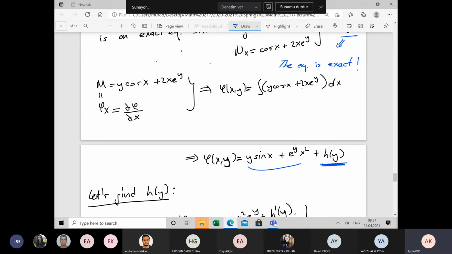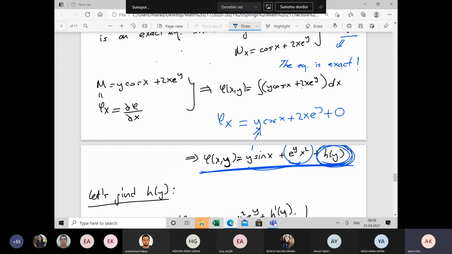What's the reason? Because if we take this and compute phi sub x, the derivative with respect to x, y is a constant, so we get y cosine x plus 2x e to the y, and the derivative of h of y is 0. Yes, we obtain this.